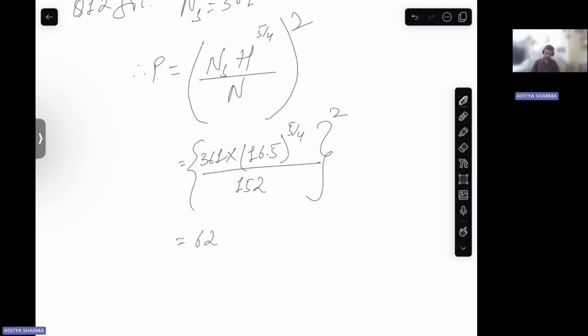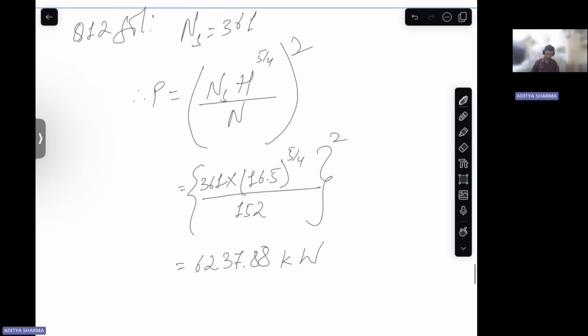So this comes out to be this much kilowatts. Okay.